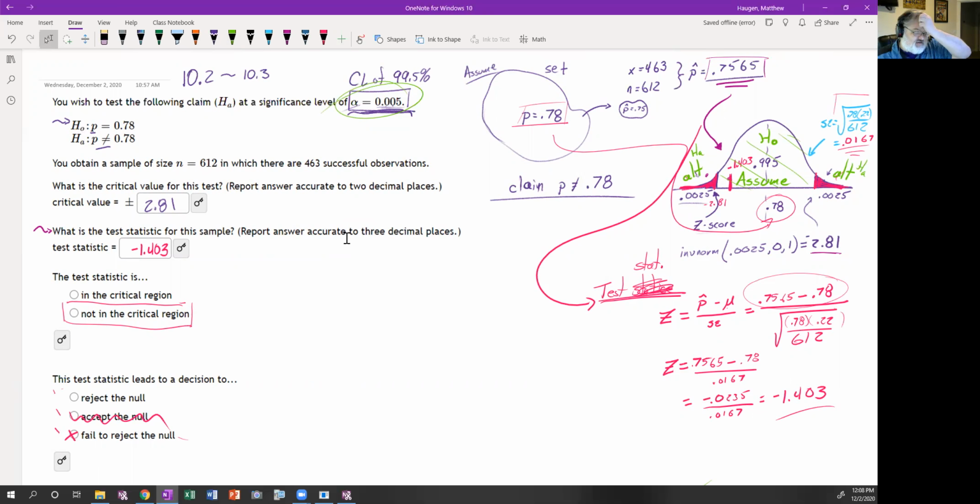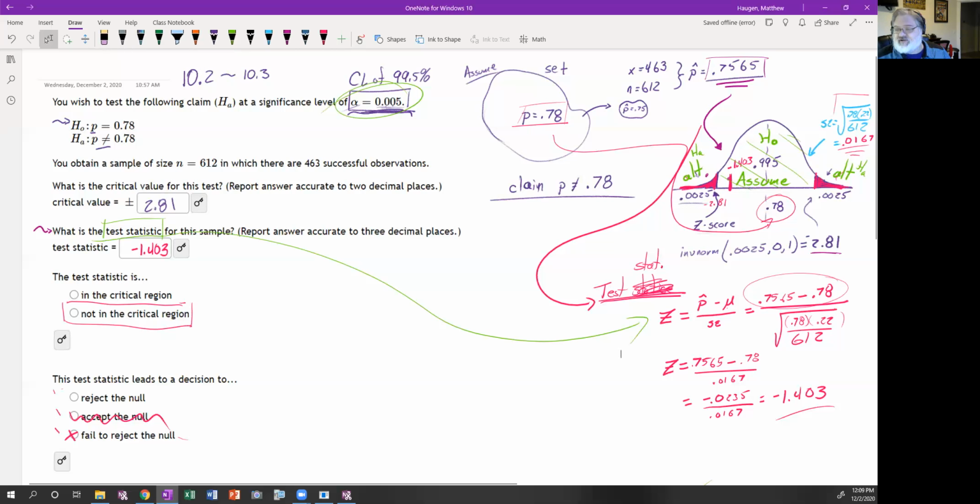I kind of like the problems presented this way because those diagrams are familiar. Critical value, we've been using it from a slightly different perspective, but it's the same critical value. The language for test statistic is a little bit new, but that's just our z-score for our thing. The language and the diagrams are fairly familiar here. It's not too different, hopefully.